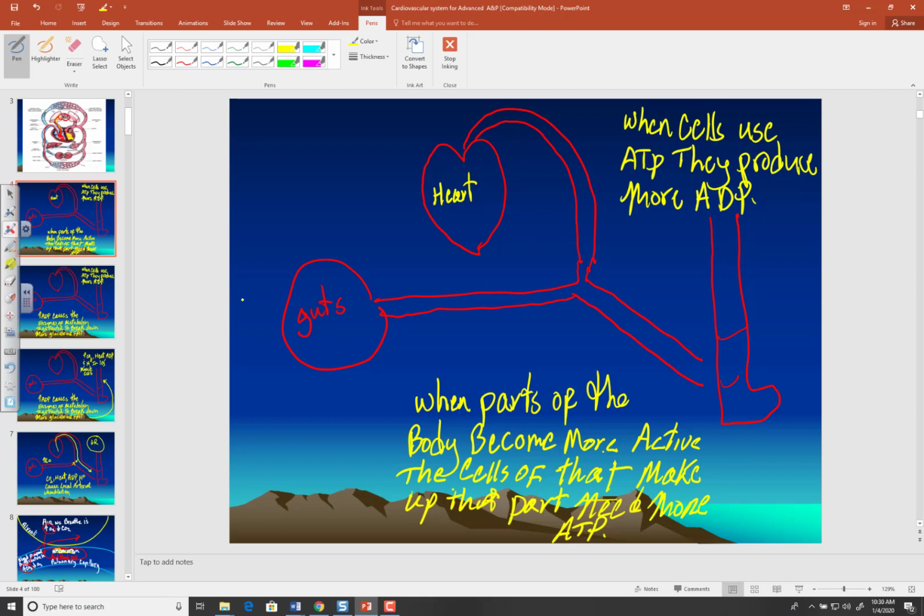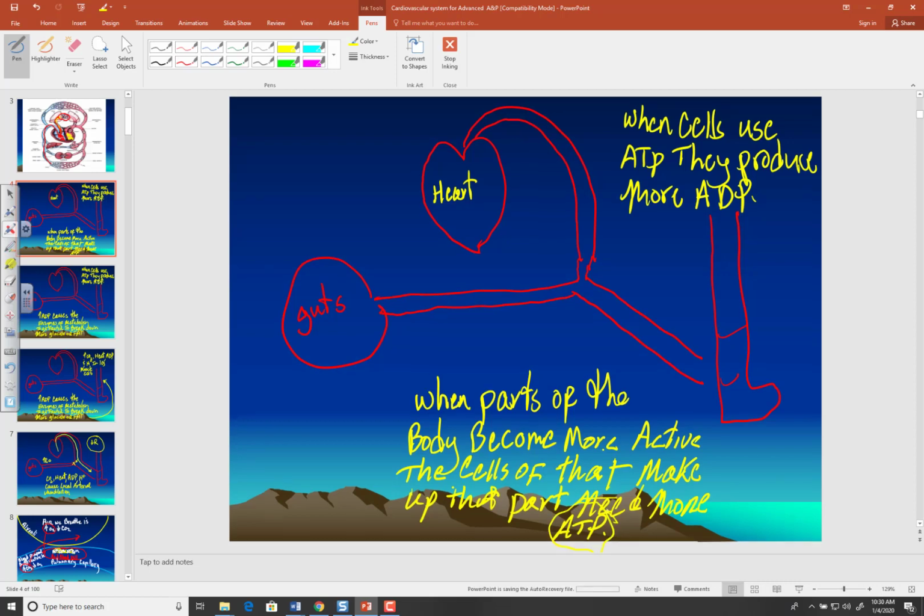Now, if dude starts running, right, he starts contracting more muscle, it is clear that he's going to need more ATP, right? Because in order to contract muscles, you need energy. Where do you get that from? You get that from ATP that we make inside muscle cells. Now, when a cell uses ATP, how does it use it?